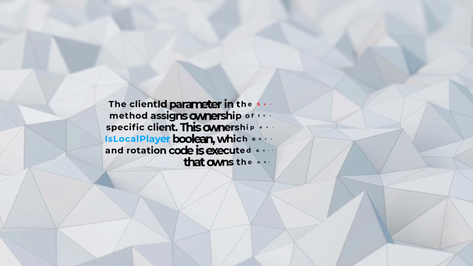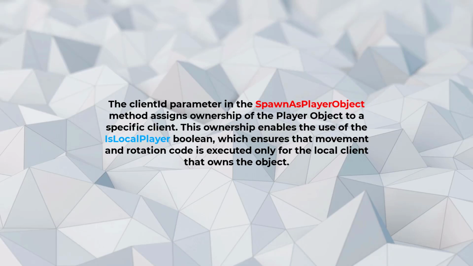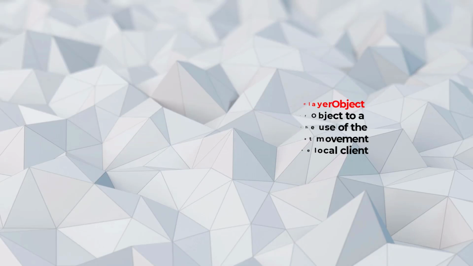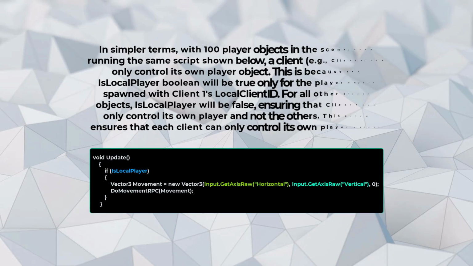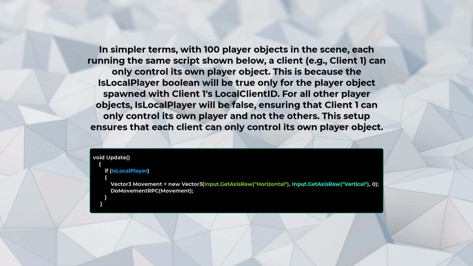The client ID parameter in the SpawnAsPlayerObject method assigns ownership of the player object to a specific client. This ownership enables the use of the IsLocalPlayer boolean, which ensures that movement and rotation code is executed only for the local client that owns the object. In simpler terms, with 100 player objects in the scene, each running the same script shown below, a client, for example client 1, can only control its own player object.